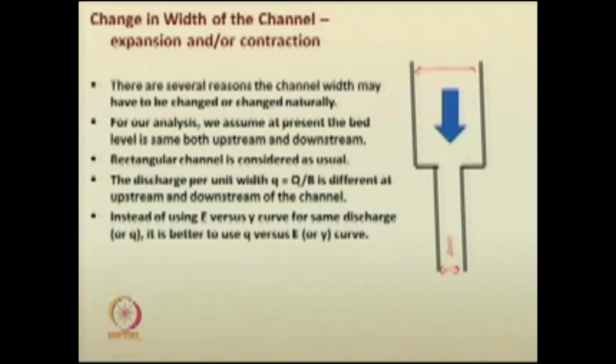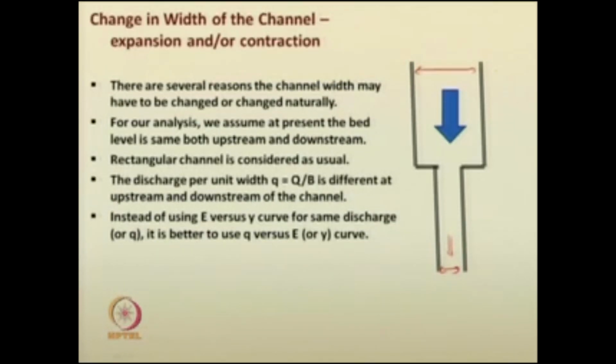So, how is the flow getting affected? These things one also needs to study. There are several reasons why the channel width has to be changed, or it is changed naturally. So, when we take these things into account, how is the analysis carried out now?